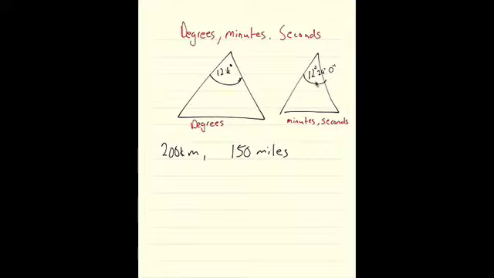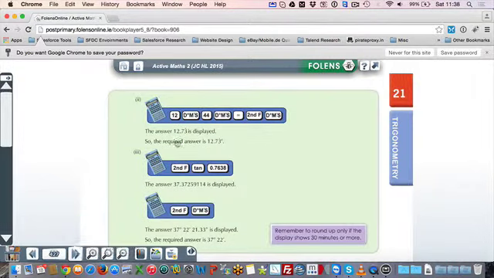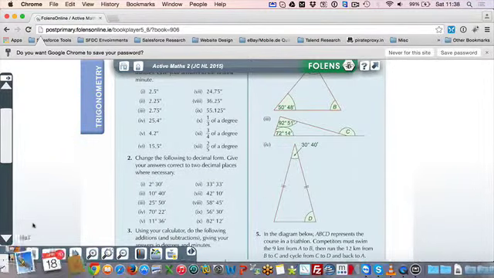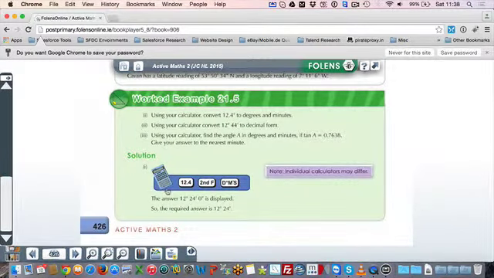Can you do it with just a calculator? It looks like you can. Okay, let's do it on the calculator. First question: convert 12.4 degrees to degrees and minutes.